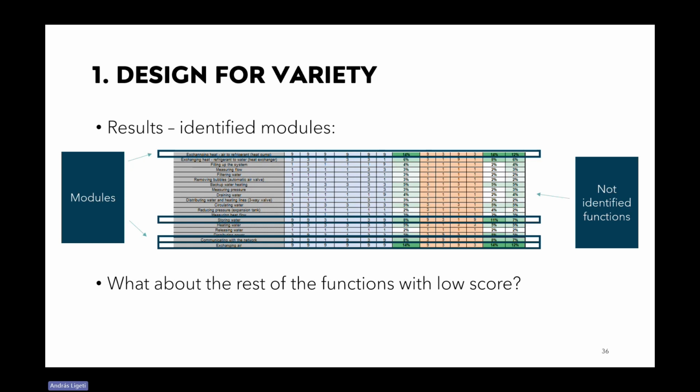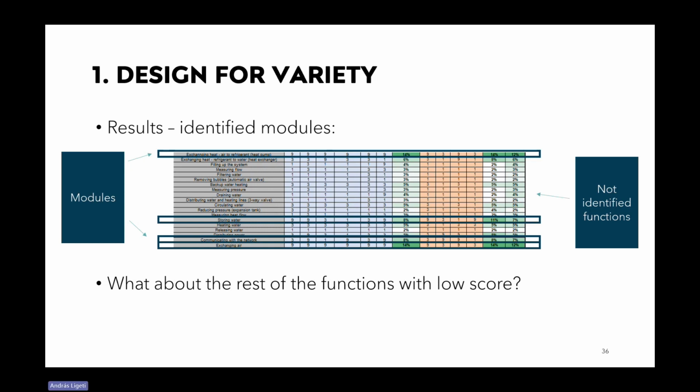But we also have some other functions which got low scores. According to the tool, if you have low scores in the system, then it is recommended to cluster those components into a product platform, so to cluster all these components into one module.